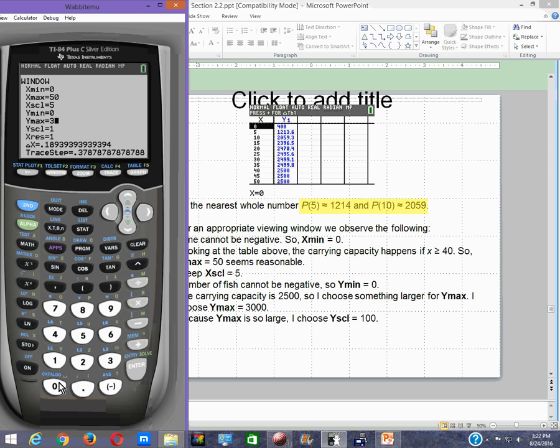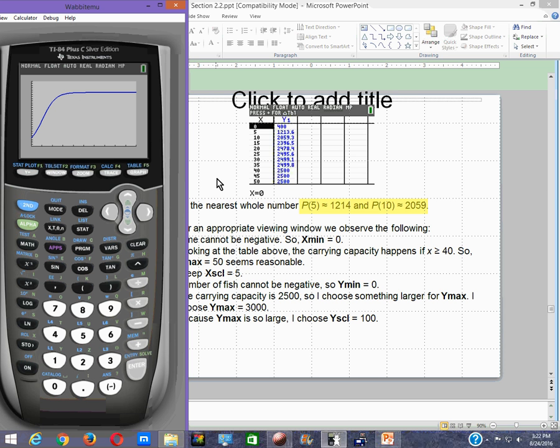Y max I chose 3,000. My y scale I chose to be 100. And let's graph it. Notice by having x min and y min both be 0, it puts the origin down here. Now it looks like I'm getting close to the carrying capacity.